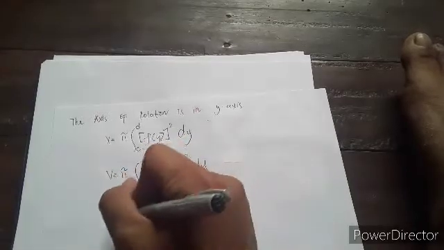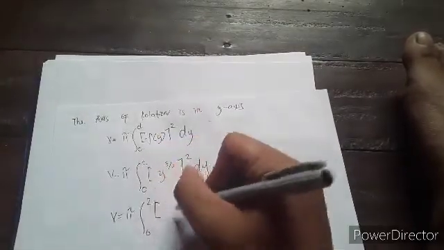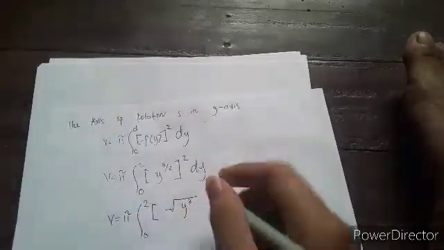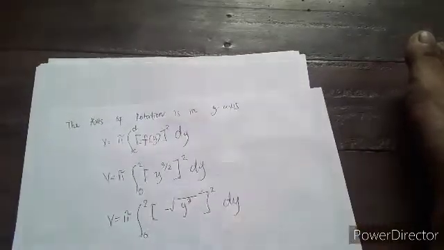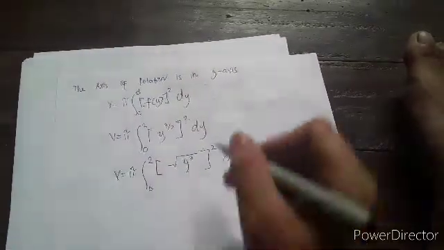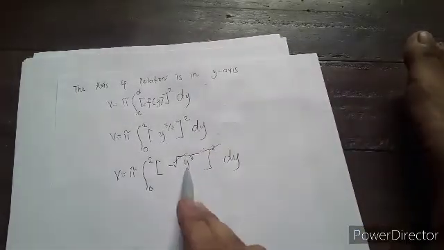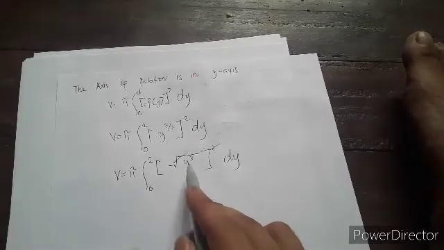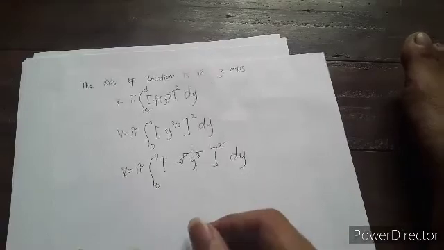So V equals pi times the integral from 0 to 2 of the square root of y raised to the 3rd power, raised to the second power with respect to y. For now, we can cancel the 2 and the square root, so the remaining expression is y raised to the 3rd power.